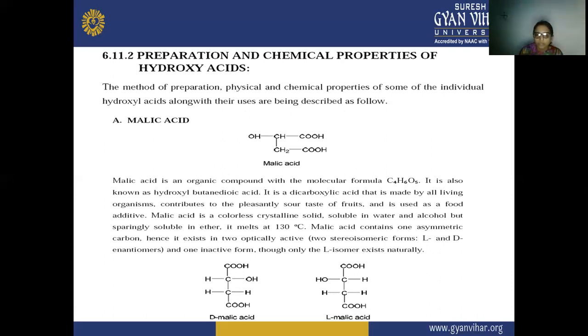It melts at 130 degrees centigrade, and malic acid contains one asymmetric carbon, hence it exists in two optically active stereoisomeric forms, the L and D isomers, and one inactive form. Only the L isomer exists naturally. The structure of malic acid is given here.